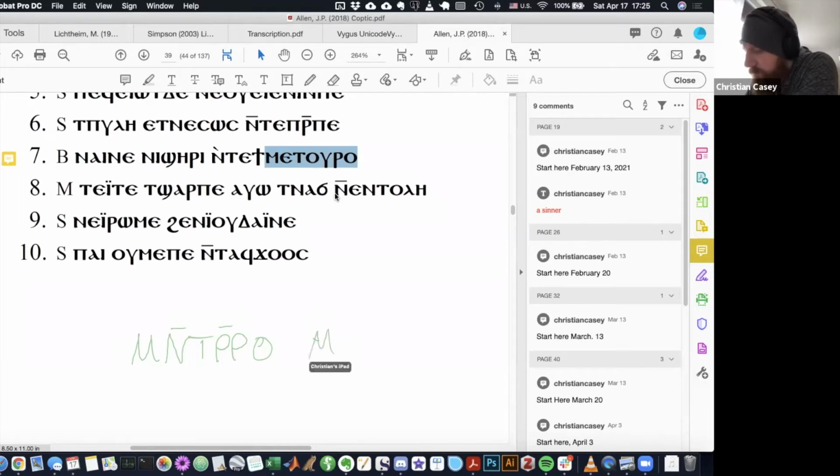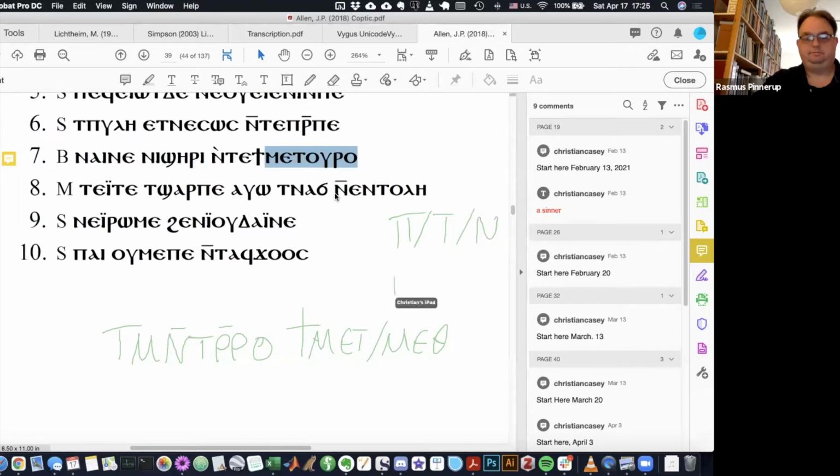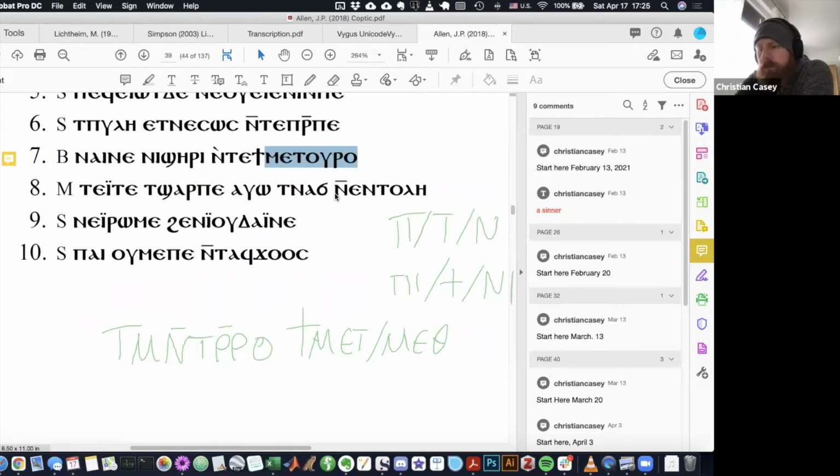Bohairic likes to use this met with the theta, depending on the word that comes after it. And then this T, so this is what the Saidic would be, and this is what the Bohairic is. There's actually 2 articles. So there's the pa, ta, n. PT. All right. So the T here is not give, it's basically just the definite article.